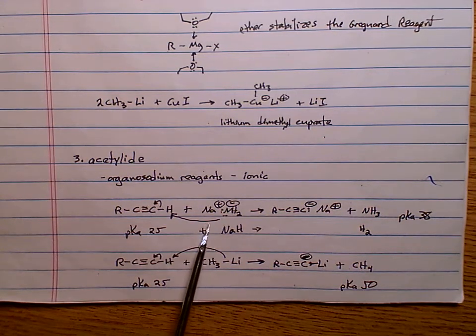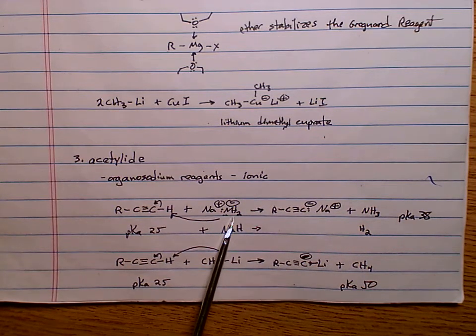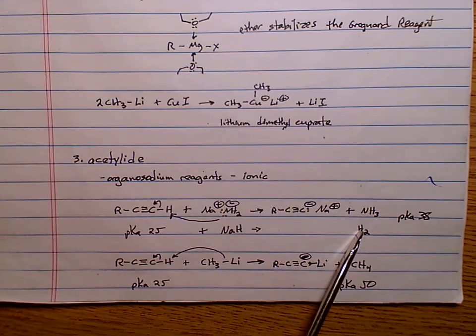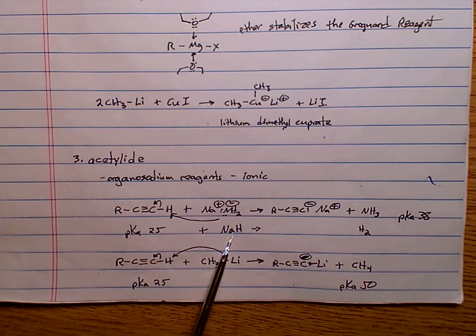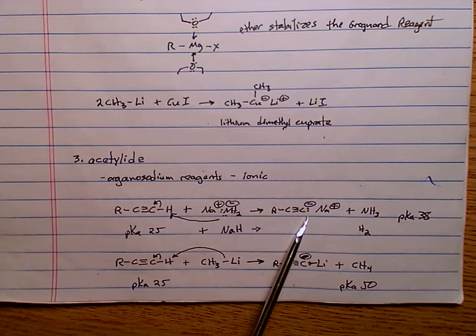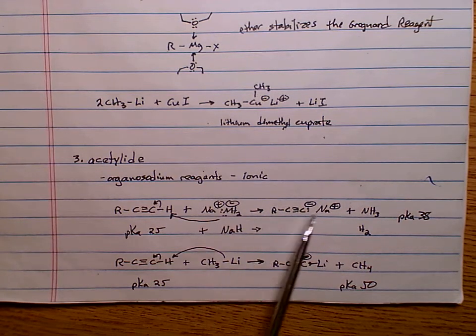Which means if we took, say, NaNH2 or NaH, hydride or amide ion, recall that the conjugate acid of H- is H2, which has a pKa of about 35. It's going to attack this hydrogen right here in a simple acid-base reaction to make this acetylide carbanion, and you could have written this as a single bond here as an organometallic reagent.